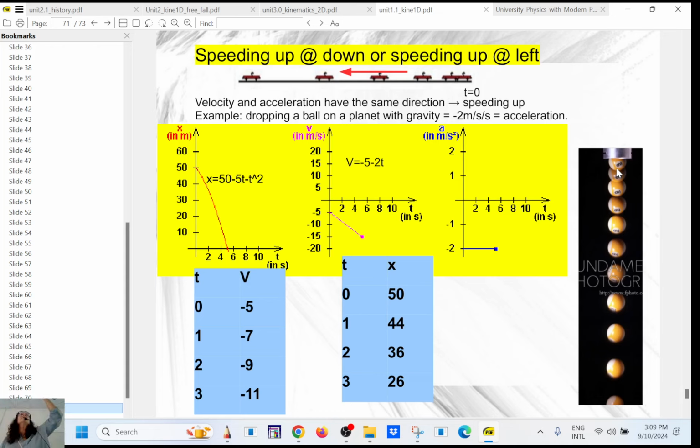What if I throw something in the air? What's gonna happen? Slow down. What's happening here? Stop, and then, okay, the acceleration is always down. First, it's gonna slow down, stop, and then it's gonna increase.